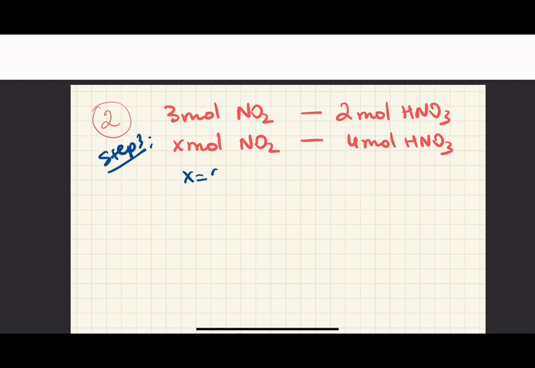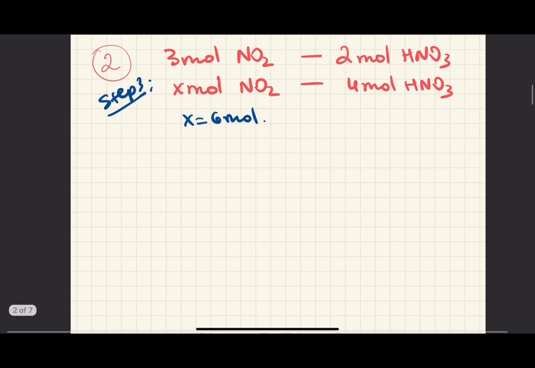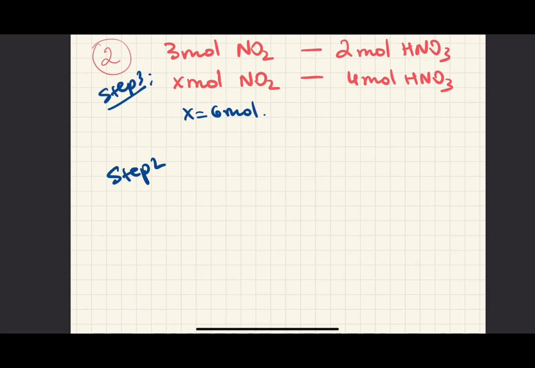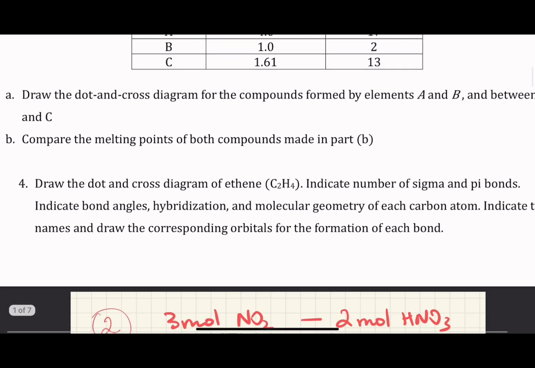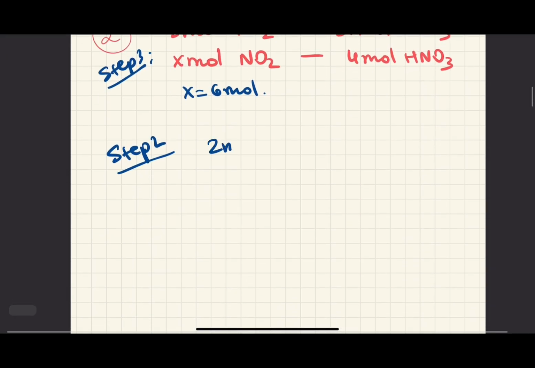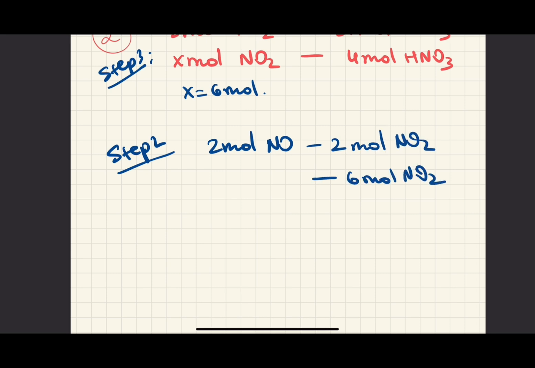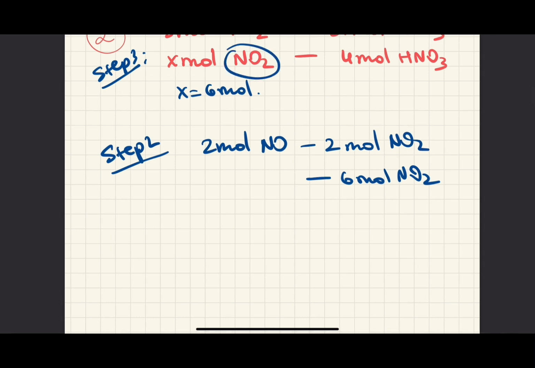So X you got here 6 mole. Now you're going to go to the step 2, and from here you said, okay, 2 mole NO2, 2 mole NO. If you have 6 mole NO2, which you found from here, it will be X mole NO, and X is just 6 mole.